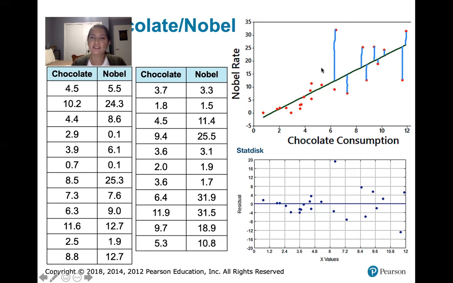Those are the residuals that correspond to our regression equation and this particular data set. Now, if we take those residuals and we graph them, we get a graph that looks like this. This is a residual plot corresponding to this scatter plot and this regression line that we have here.